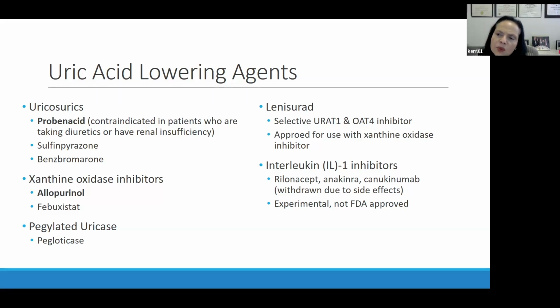When you look at the animal kingdom, uricase is conserved amongst mammals, except in humans and in, I believe it's orangutans, who lost uricase as a mutation during evolution. And it may be that losing uricase was protective against dying from overwhelming infection, but that is just a theory. It has not been proven.